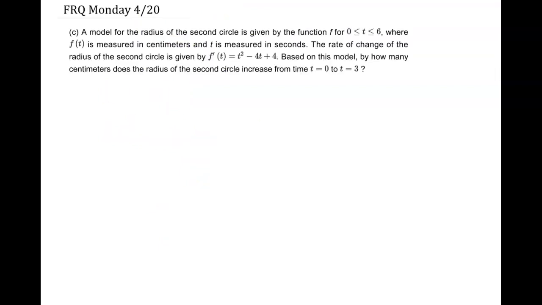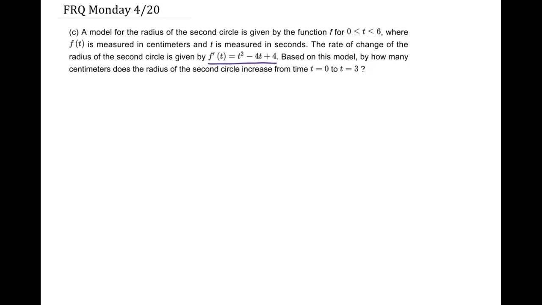Part C. Now we have a model for the radius of the second circle. We have f of t measured in centimeters, t is measured in seconds, just like the rest of it. Now what we have is the rate of change of the radius of the second circle. So essentially to find how many centimeters the radius increases from 0 to 3, we're kind of looking for the accumulation here.